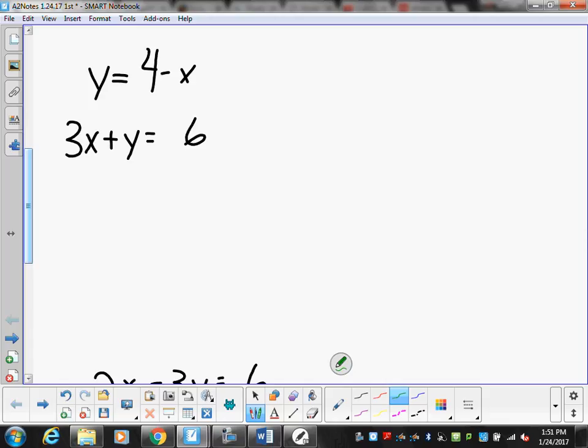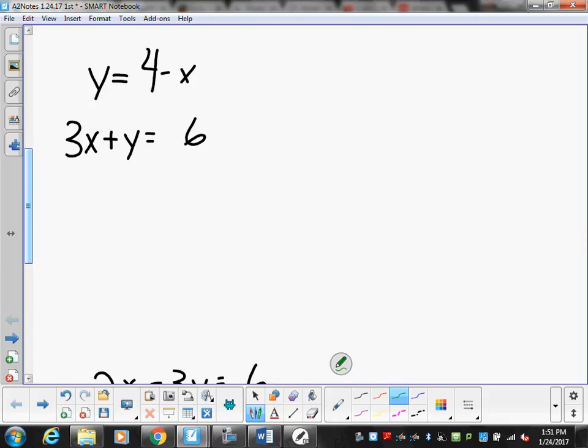Okay, so for the second system, we need to get them lined up because they're not in the same order. I need to get my x's and my y's in the same spot. So if I'm choosing which method to use here, which method would you choose? Substitution, because y is already by itself. Okay? But they're asking you to do elimination, so we're going to do that.